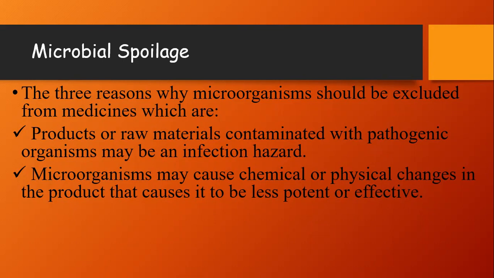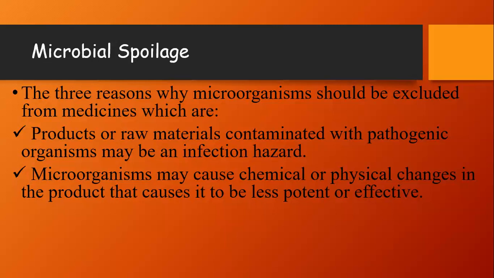Number two is that microorganisms may cause chemical or physical changes in the product and make it become less effective. Microorganisms can utilize the products and bring about changes. The chemical component of the product may be altered. A functional group of the chemical product may be destroyed.